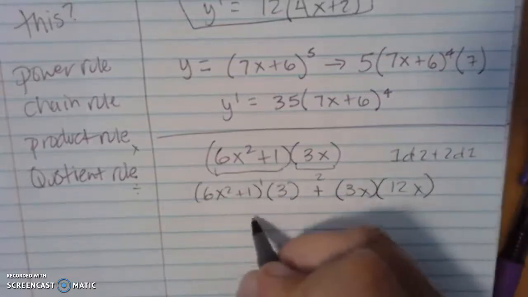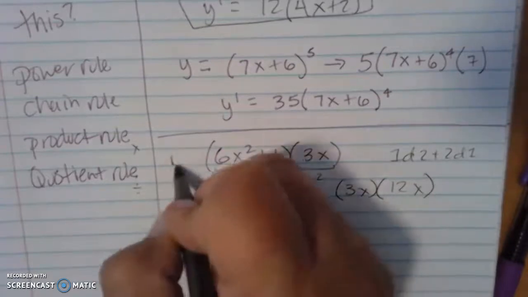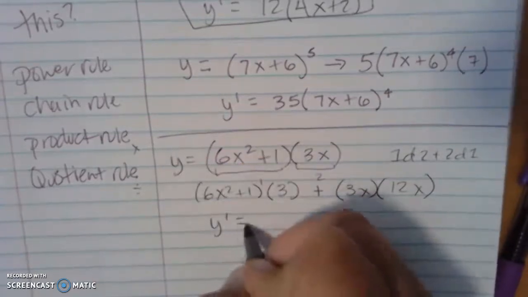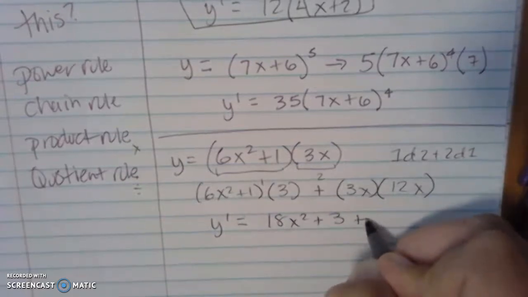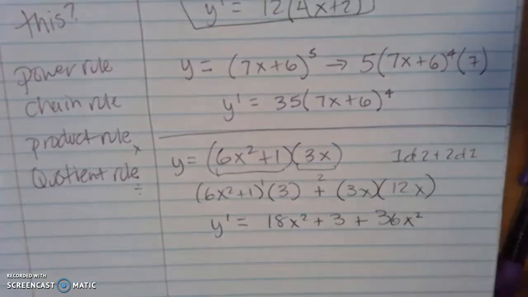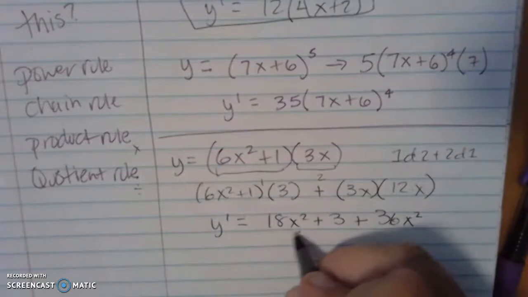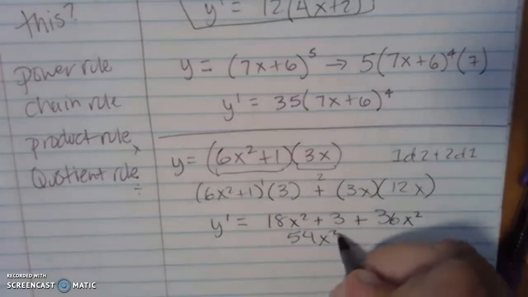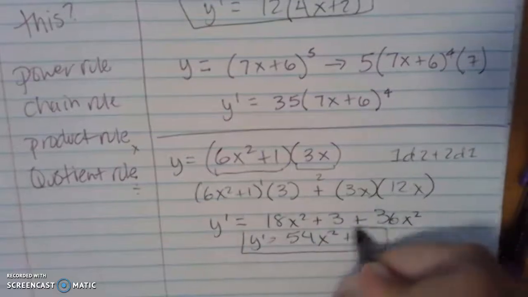Now do the distributive property. If this is my y, then my y prime equals 18x squared plus 3 plus 36x squared, and I can even add some more here: 54x squared plus 3 equals my derivative.